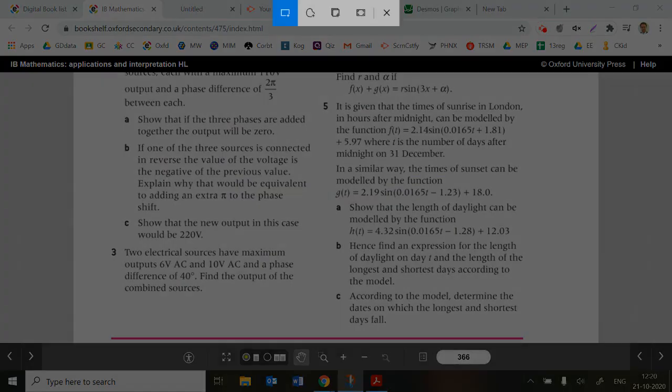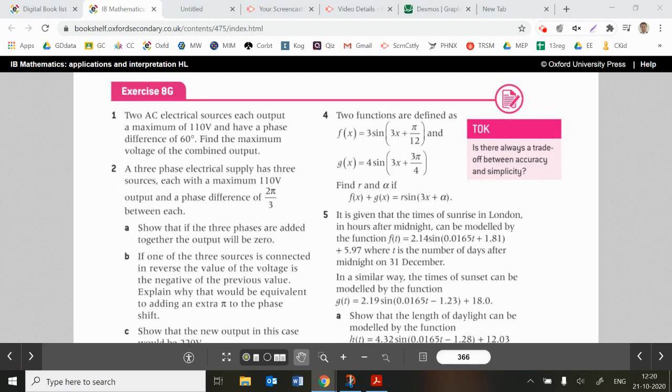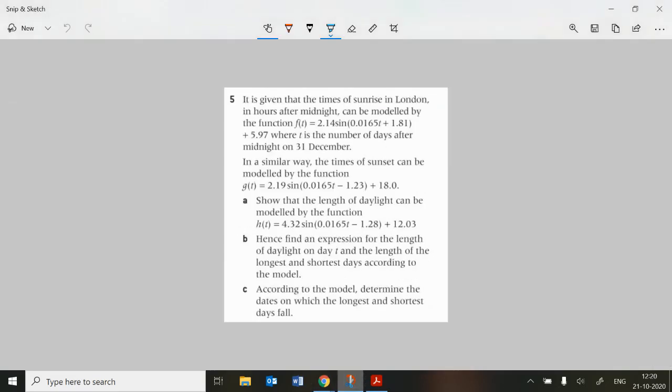Okay, so for question 5, in exercise 8G, they're talking about two formulas. Here we've got the function for the time of sunrise and a function for the time of sunset. Now the hours of daylight is going to be this one take away this one, fairly obviously.